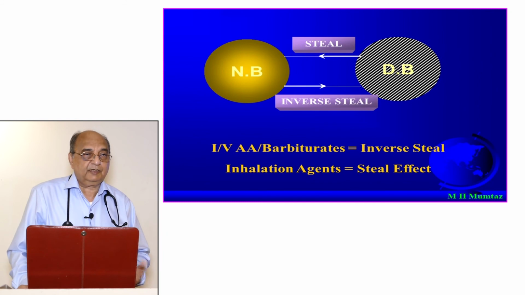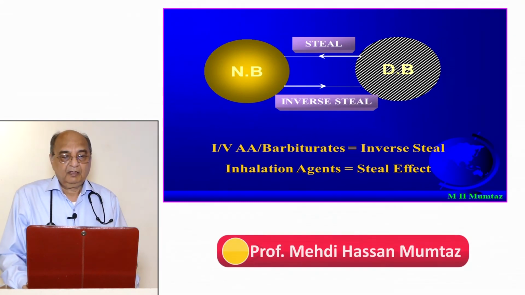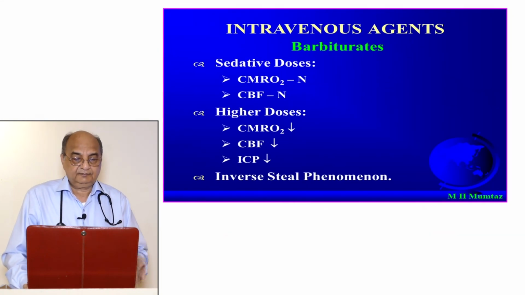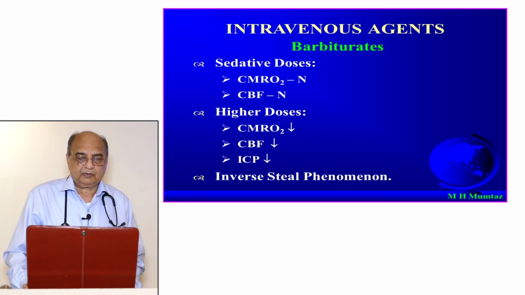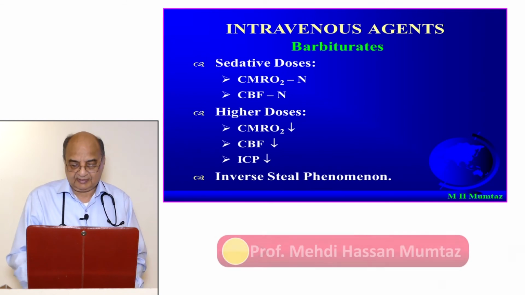So, steal phenomenon and inverse steal phenomenon. Now, we went through these all last time. With barbiturates, if you give a sedative dose, it doesn't affect the CMRO2 or cerebral blood flow. If we use higher doses, CMRO2 will be decreased, cerebral blood flow will be decreased, ICP will be decreased, and it will cause inverse steal phenomenon, as I mentioned earlier.